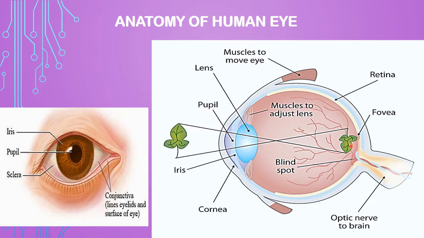The receptor cells on the retina send information via the optic nerve into the visual cortex of the brain. So this is the structure of the human eye.